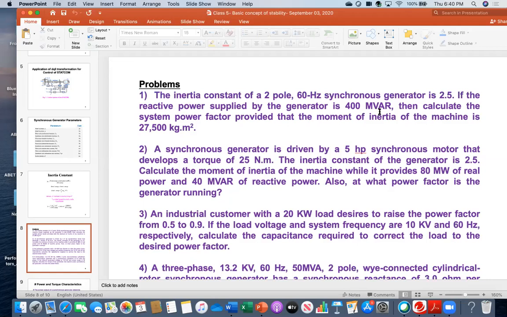So based on that, find out the system power factor, provided that the moment of inertia is this one. This number is for that J. So H is given and J is given.